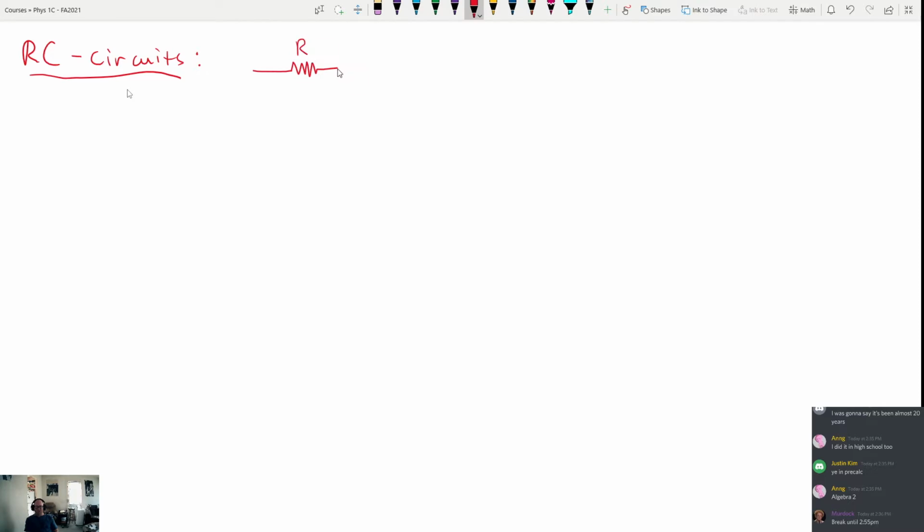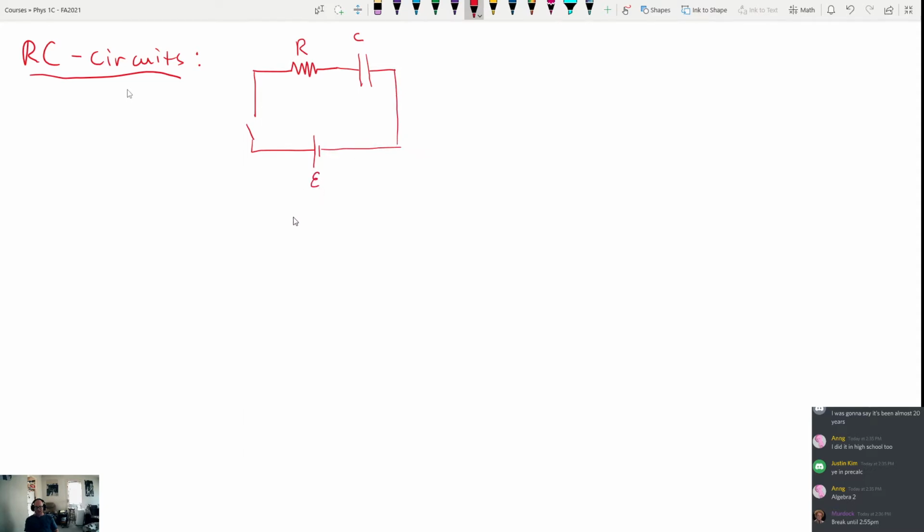So you need to have a resistor connected to, we're going to do an RC series circuit here. So this is connected to a capacitor. If you remember, it's been a week or two, a capacitor is the two parallel lines. And this is going to be connected up with a switch to an EMF source. I guess we're going to draw the EMF source like this, although it doesn't really matter.